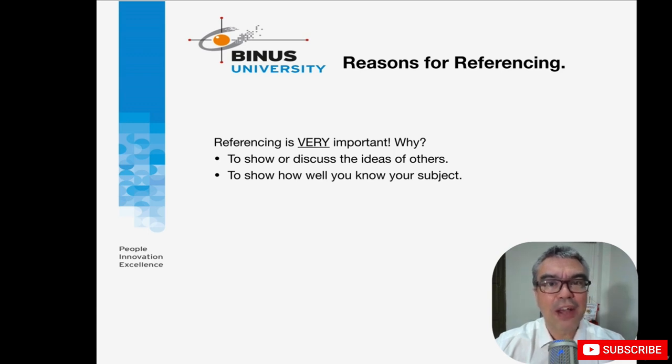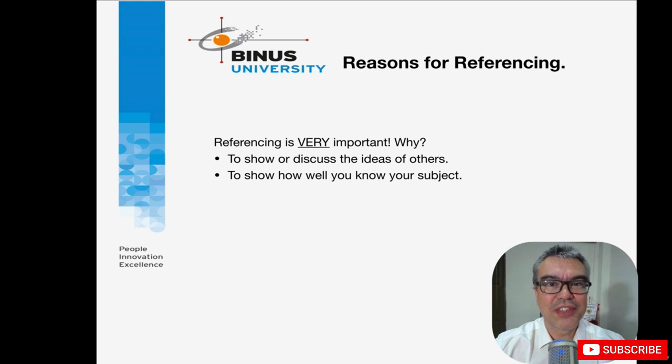Now, in any subject, there will be a number of important articles, important books, or maybe important authors or experts on the topic. So if you're going to talk about any topic, you need to show that you have read and understood all of the key points related to that topic. And you can do that by showing the correct references.